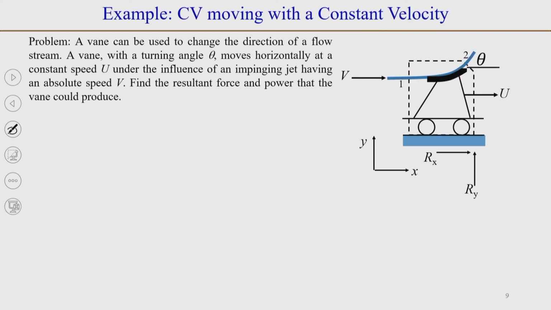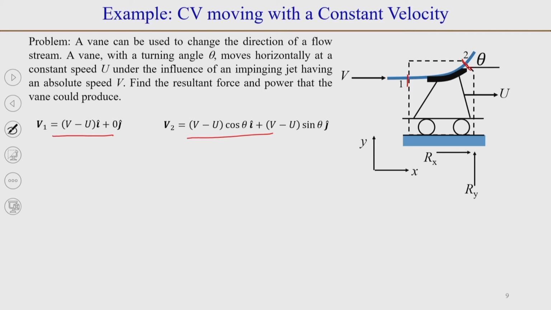So, we have been able to find the vectors v 1 and v 2, which are the velocity vectors at section 1 and section 2. These are the velocities of the jet with respect to this control volume, which is moving with the vane with the constant velocity u.